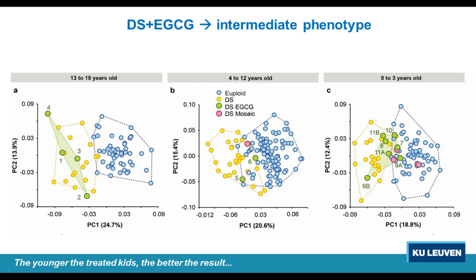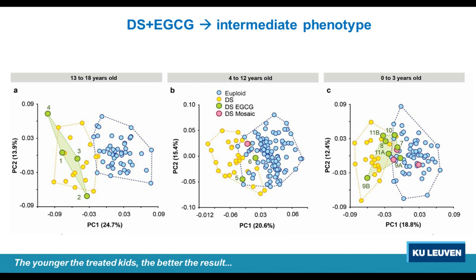Here you see different treatment groups, and the younger the kids are, the treated kids, which are the green dots, are actually shifting from the yellow dots, which are the kids with Down syndrome, towards the blue dots in the facial morpho space. And this actually means that the younger the kids are, the better the results seem to be.